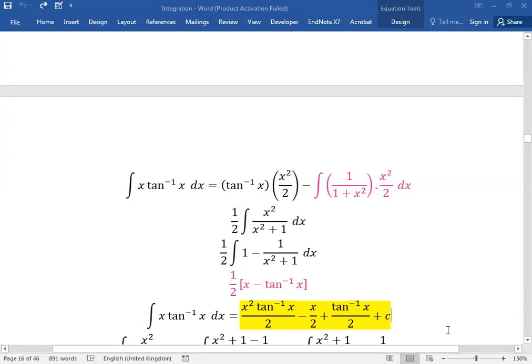Yes, बच्चों, done. Never forget the constant that you put in the very end plus c.